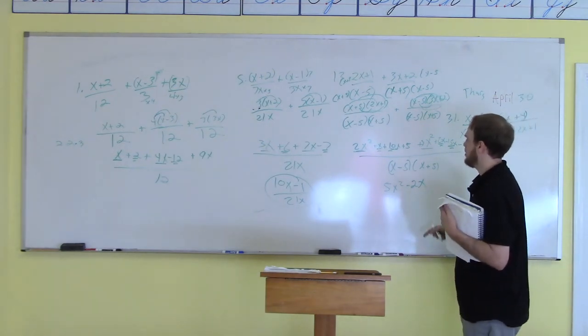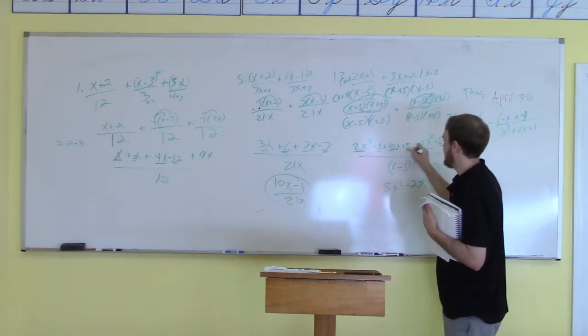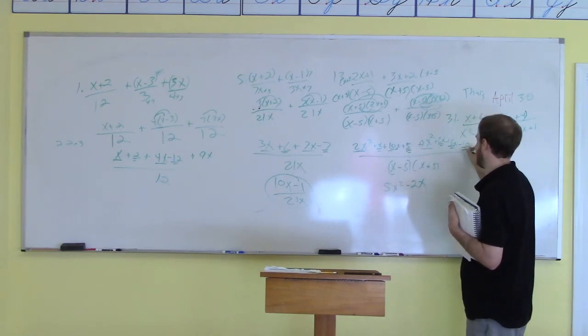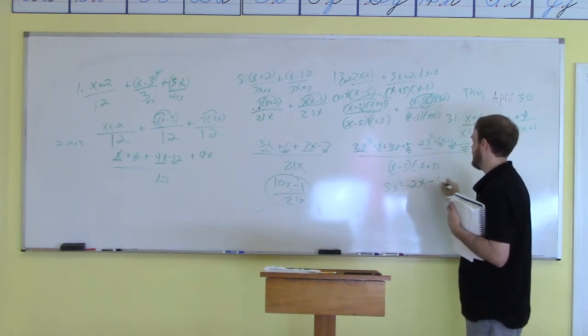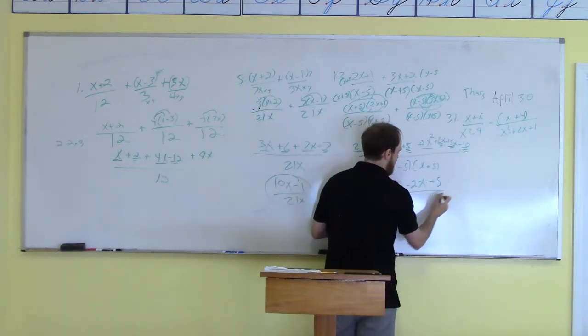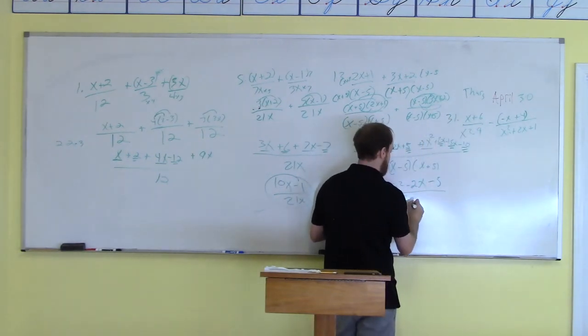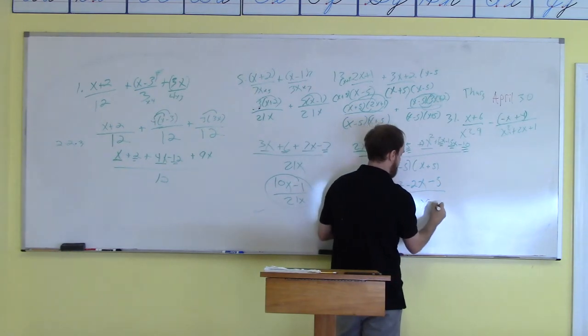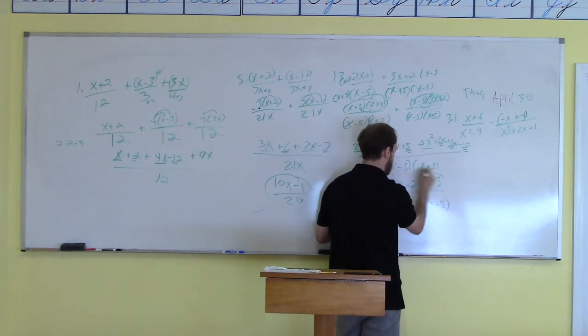So minus 2x, and then I can do the numbers, so I have a positive 5 minus 10, and that would leave you a negative 5. So your final answer then would be 5x squared minus 2x minus 5 over x minus 5, x plus 5 times x plus 5 on the bottom.